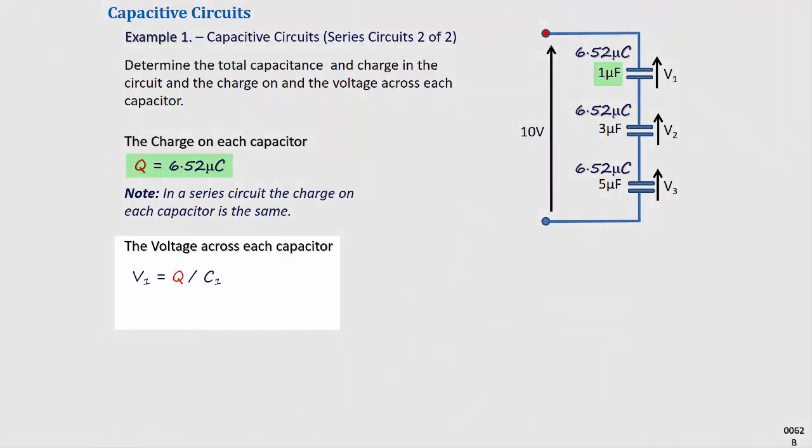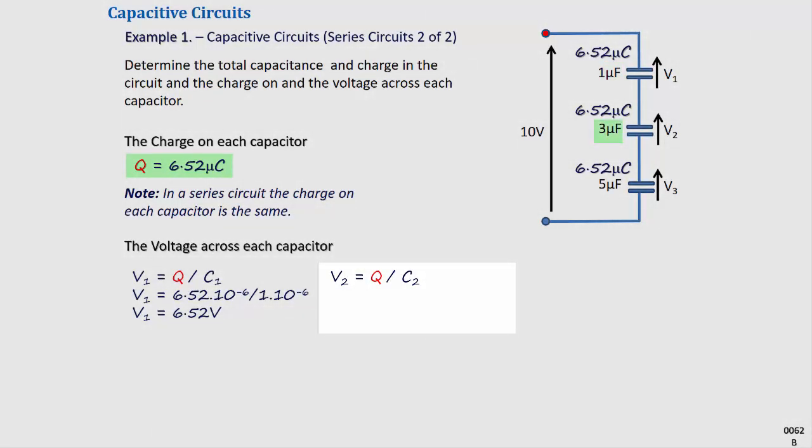So V1 equals Q divided by C1. Substituting the values, V1 equals 6.52 times 10 to the power minus 6 divided by 1 times 10 to the power minus 6, which equals 6.52 volts.